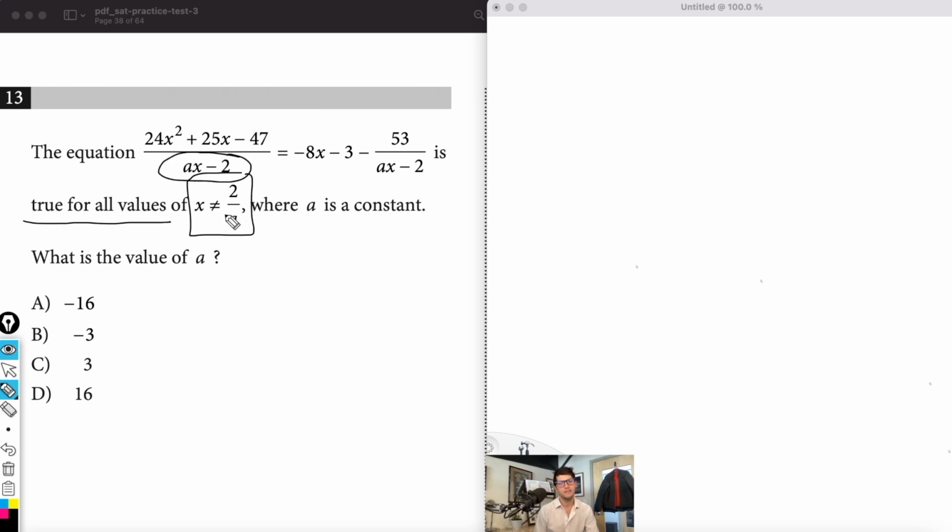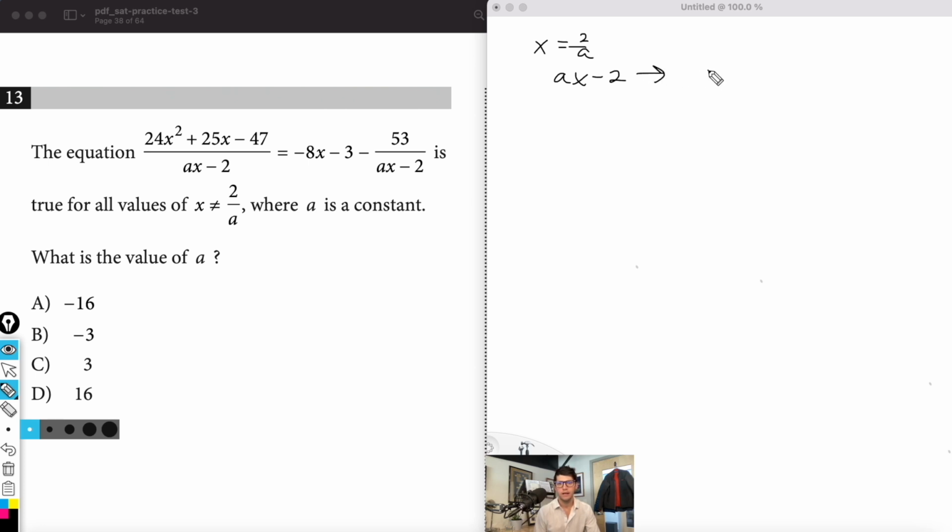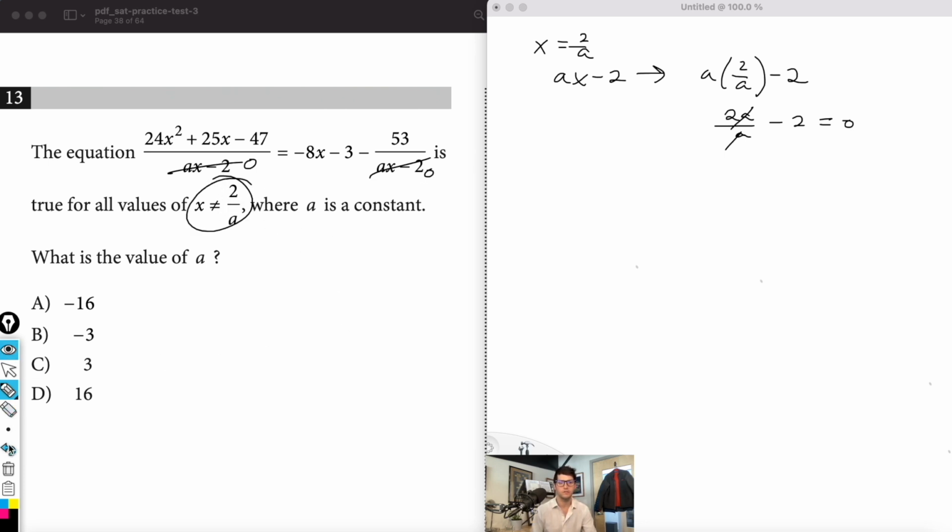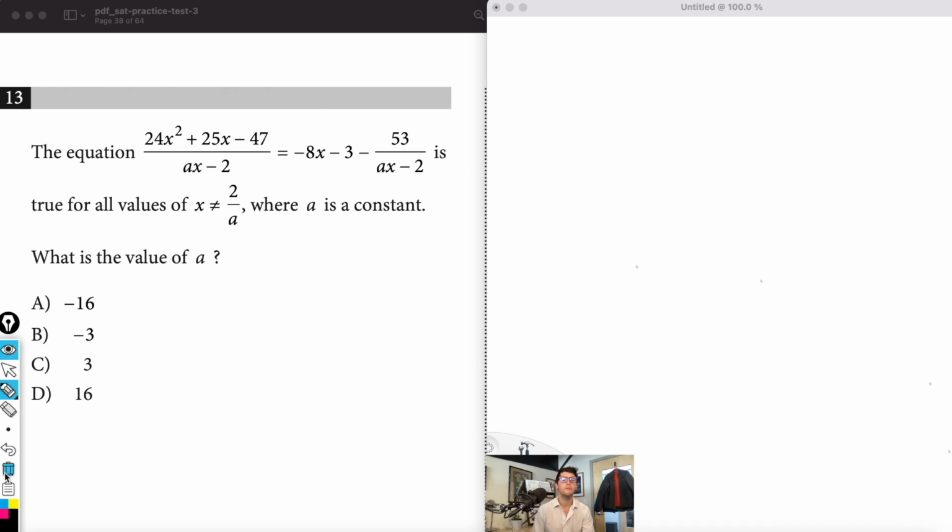Because if x is 2 over a, then this ax minus 2 would be a times 2 over a minus 2, and that would be 2a over a minus 2, which is just 2 minus 2, which is 0. And then we would have a denominator of 0, which is undefined. So all this is saying is you can't be a nerd and tell us we're undefined in certain spots. We know that. What about everywhere else?